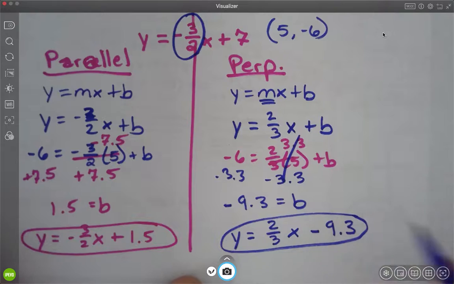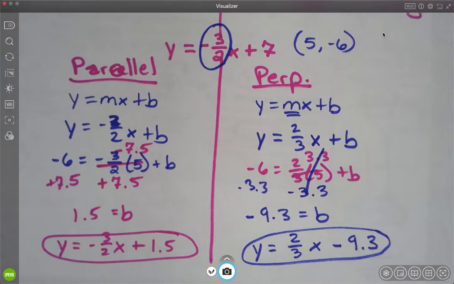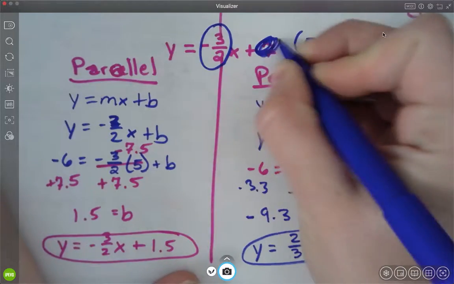Now, last question. Very, very important. This is my original function. Where did I use this 7? Where does the 7 go? 7 is the b in the original equation. It doesn't matter. Anytime you're doing parallel and perpendicular, cross this guy out.